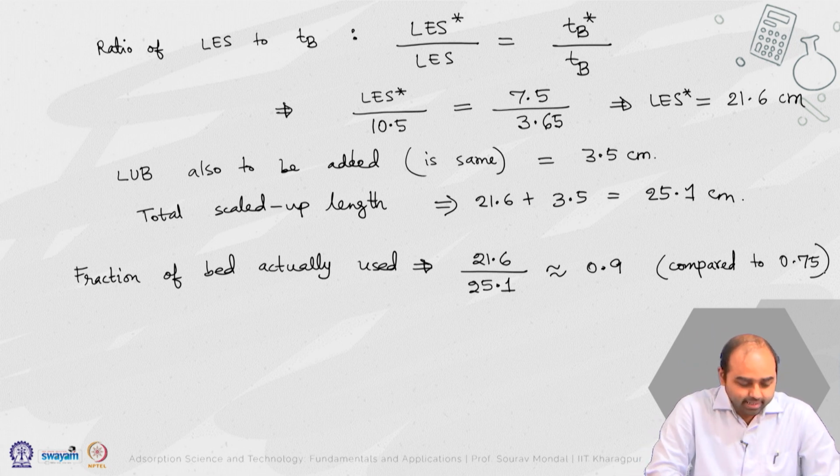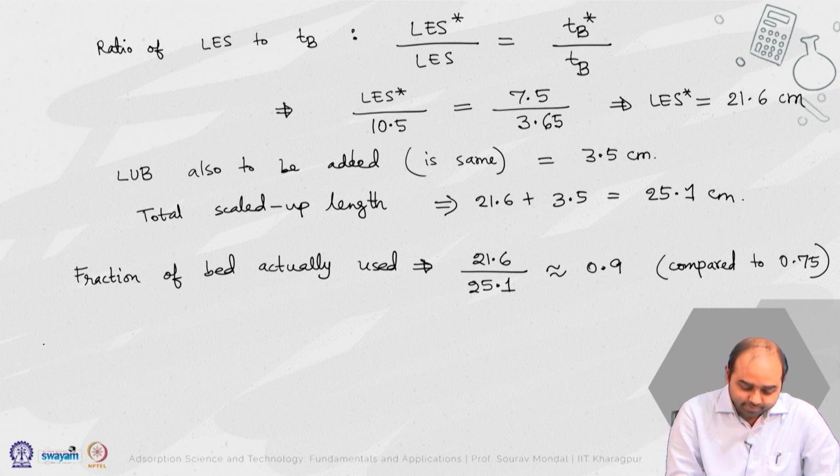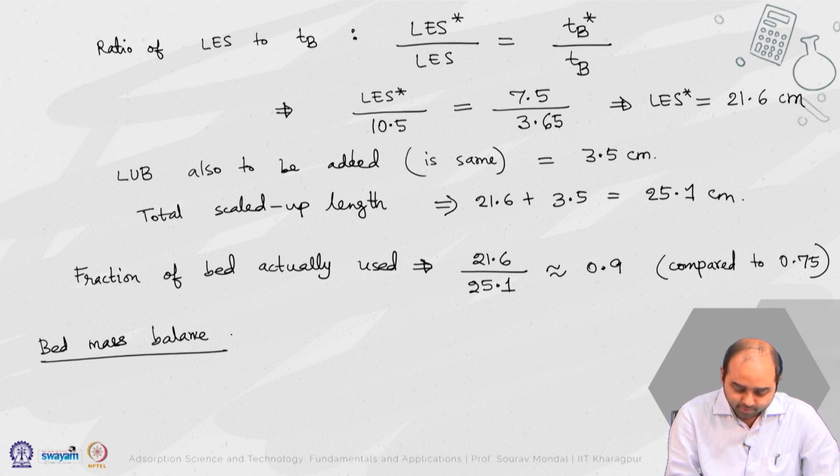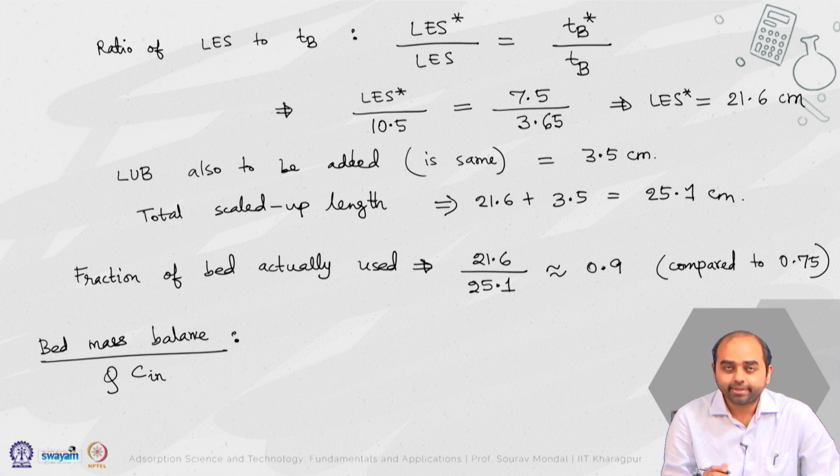In this LES I would like to make a bed mass balance. If Q is the flow rate of the stream, C is the concentration of the adsorbate species in the fluid, and this is the breakthrough time, this represents the amount of material that has gone into the bed from the solution phase.